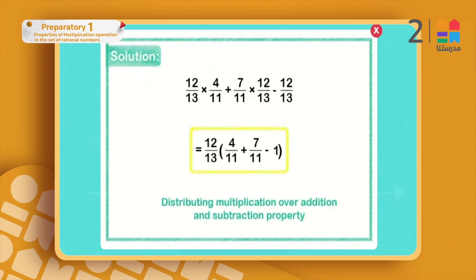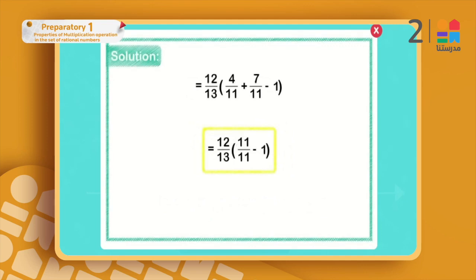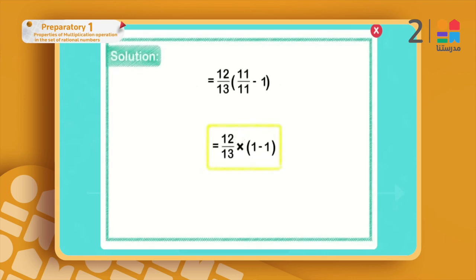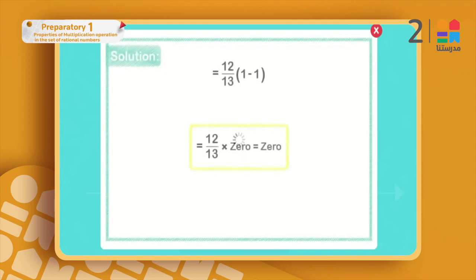After using the distributing property, the problem will be 12/13 times 4/11 plus 7/11 minus 1, which equals 12/13 times 11/11 minus 1, which equals 12/13 times 1 minus 1, which equals 12/13 times 0, which equals 0. To be clear for you, let's take more exercises.